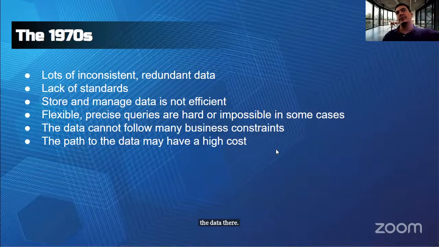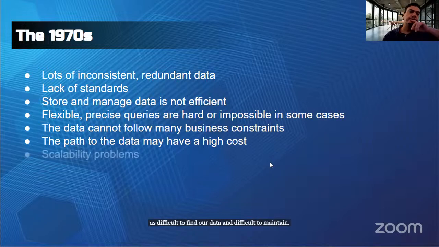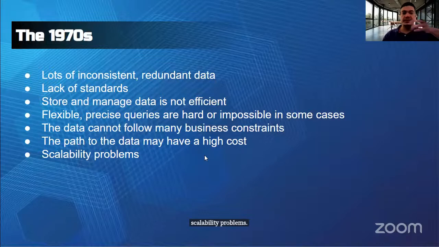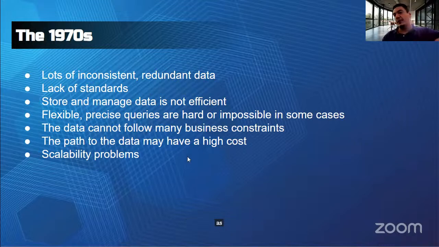In these databases, the bigger the database, the more difficult it is to find data and to maintain it. Scalability problems: it's the same problem. The bigger the database, the harder it is to perform and to maintain the data.